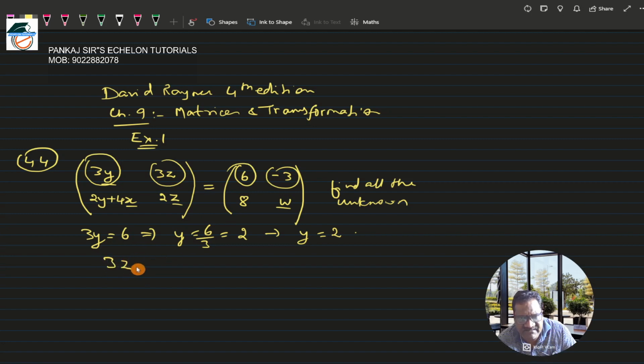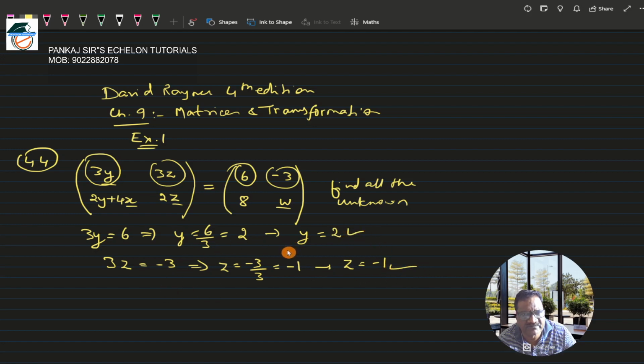So 3z is equal to minus 3. This implies that z will be equal to minus 3 upon 3, which is equal to minus 1. Therefore z is equal to minus 1.